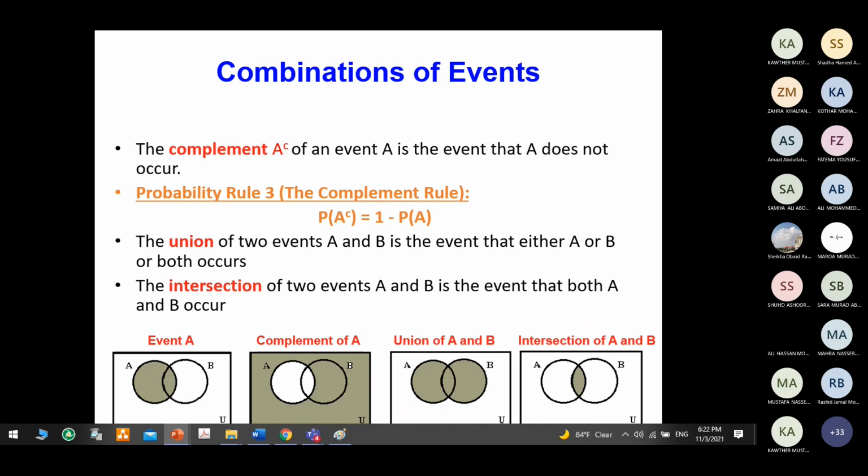It means all options minus the probability of A.